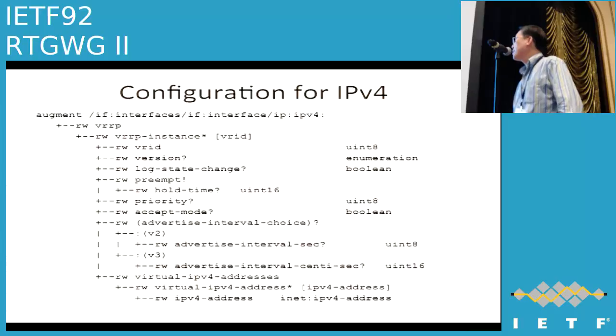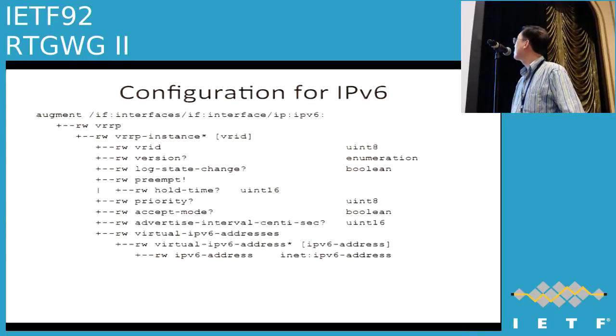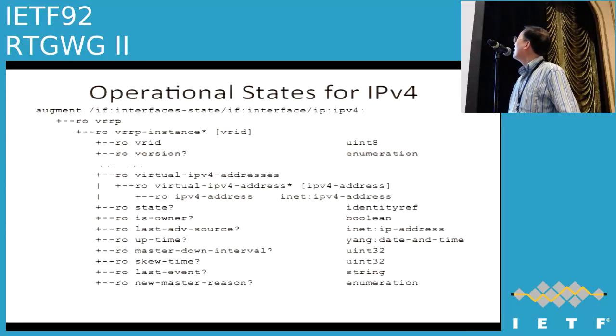And then here, this is the branch for the state. The state branch provides all the information for the runtime status, and tells you what state these virtual router instances are currently in.